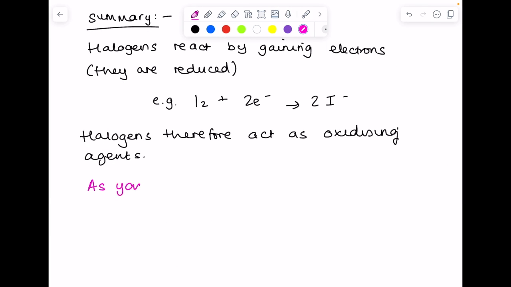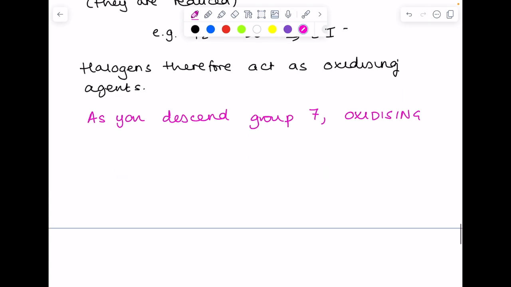As you descend group 7, oxidizing ability decreases.